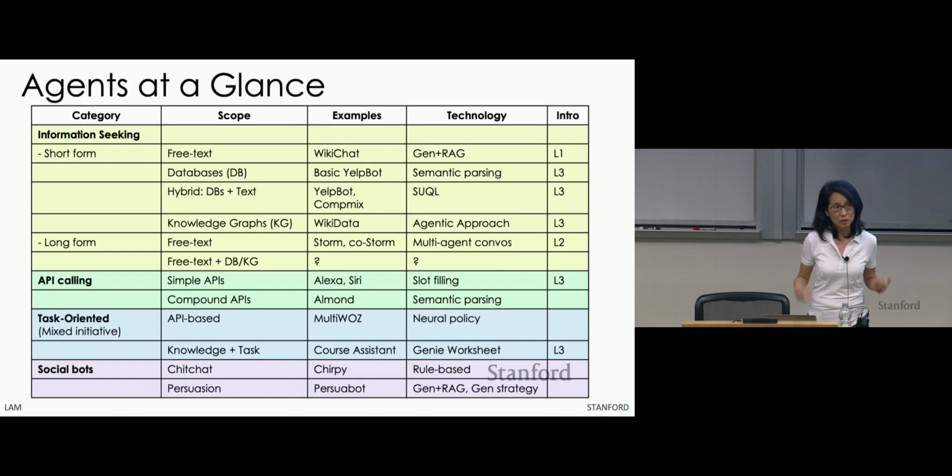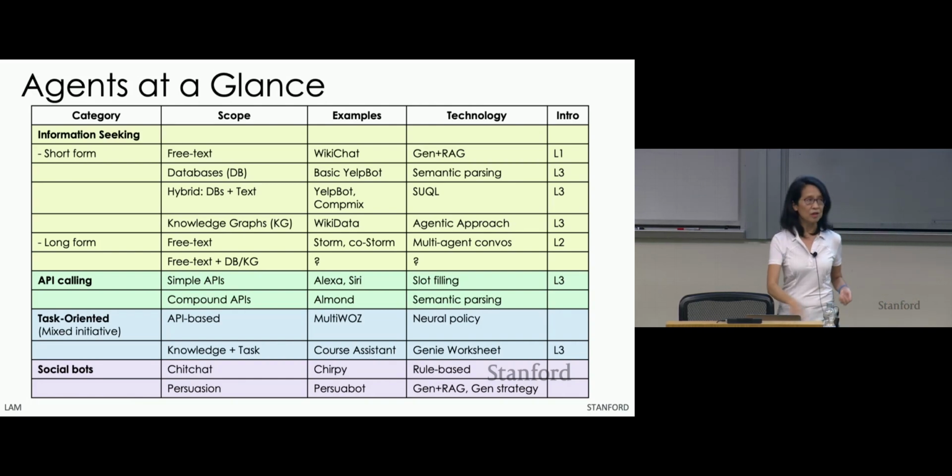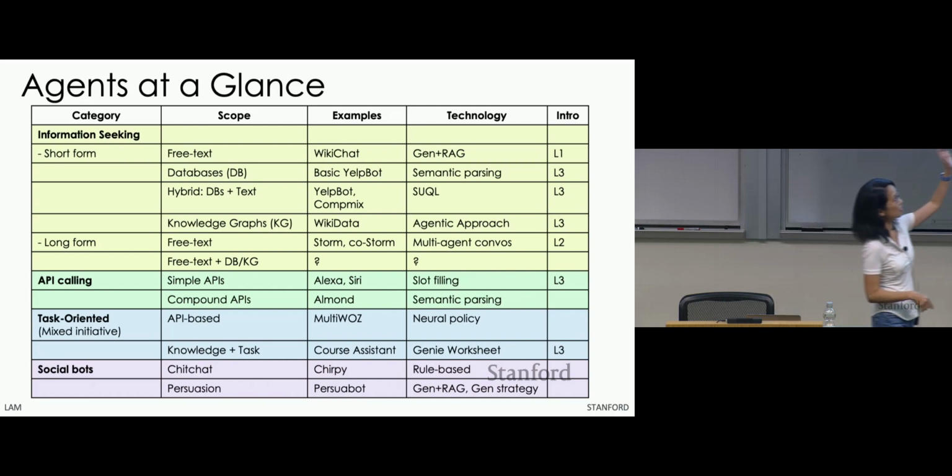But if you look at real life, you want to control what the agents say. At that point, you want to have more of an algorithmic policy. That is the work next, which is the knowledge and task. What we're going to talk about is this project, which allows you to have integration of knowledge and tasks. We're going to apply it, for example, to the course assistant.